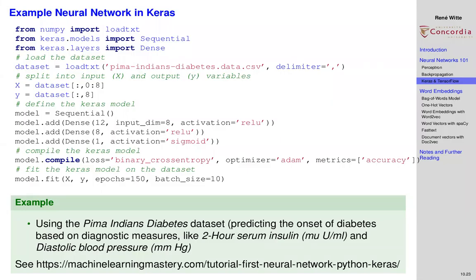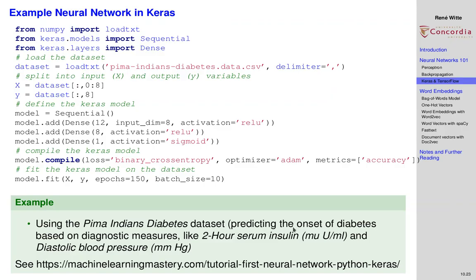So let's look at how you could build a neural network in Keras. You can see the workflow is very similar to machine learning that you have done in scikit-learn. We're going to import the neural network from Keras. We're going to load our dataset, and in this case, we're using a diabetes dataset, the Pima Indians diabetes dataset.